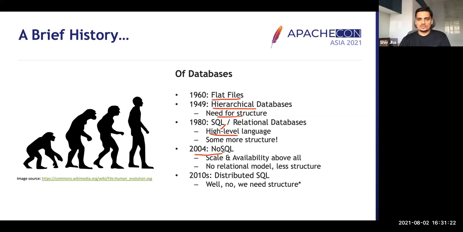Now around 2004, we had this huge revolution where we had a lot of NoSQL databases. Kind of funny that the name itself, NoSQL, is what it says it is not, but it was a jab at the SQL databases. So the idea behind NoSQL databases was that you can trade off some structure.